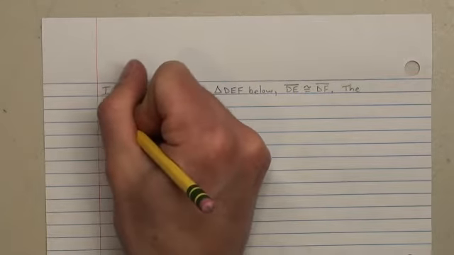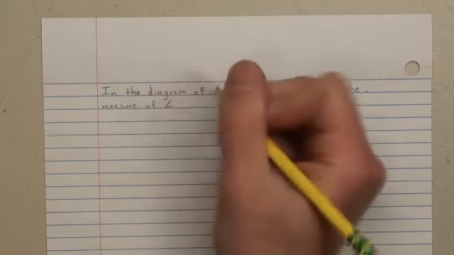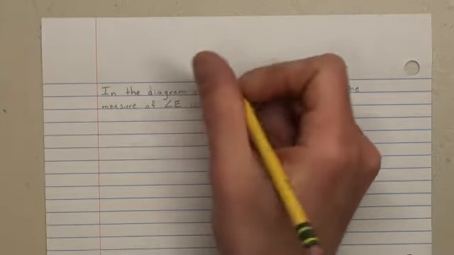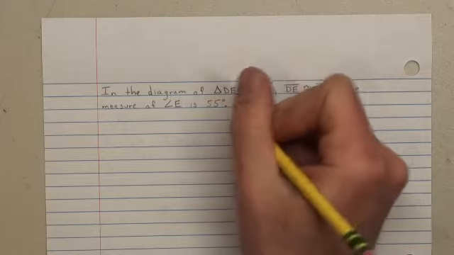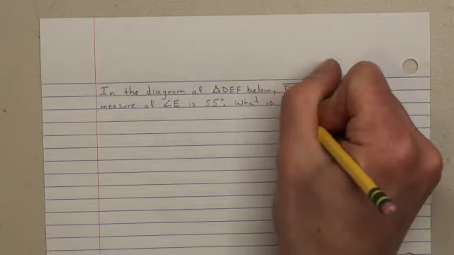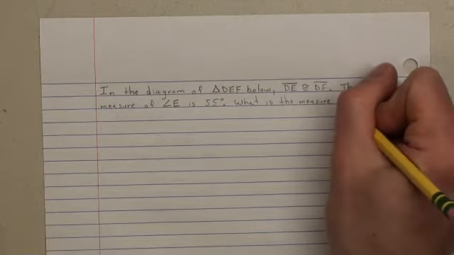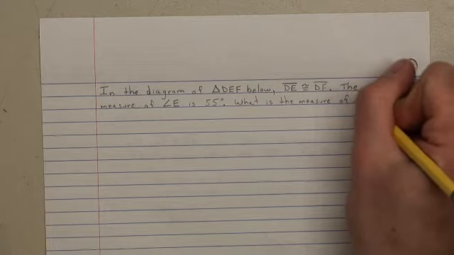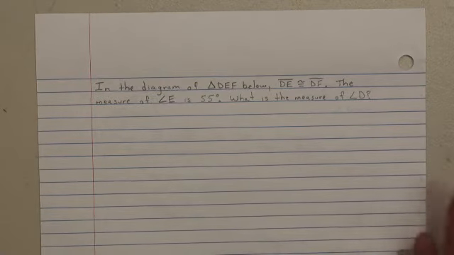The measure of angle E is 55 degrees. What is the measure of angle D? Okay, there's our question. There's no choices.